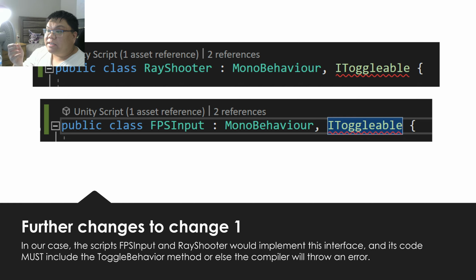For the class definitions for RaceShooter and FPSInput, after MonoBehaviour, add comma space IToggleable. So now these two scripts must implement that ToggleBehavior method.